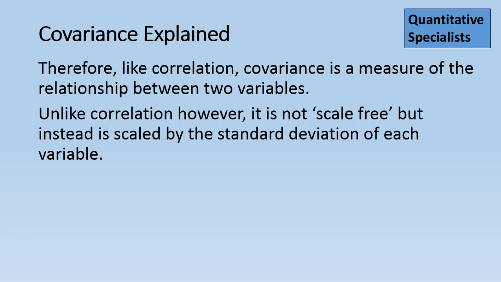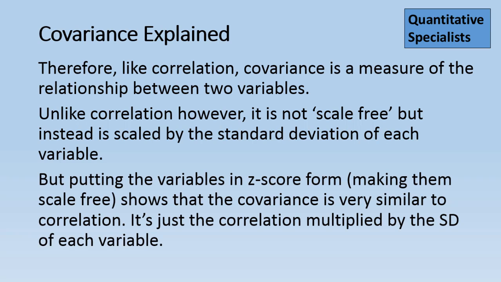And we saw that when we multiplied the correlation times the standard deviation of each variable to get the covariance. But putting the variables in z-score form, or making them scale-free in other words, shows that the covariance is very similar to correlation. As I said before, it's really just the correlation multiplied by the standard deviation of each variable.